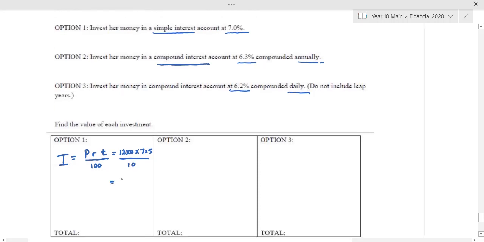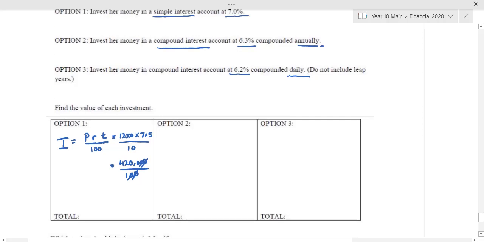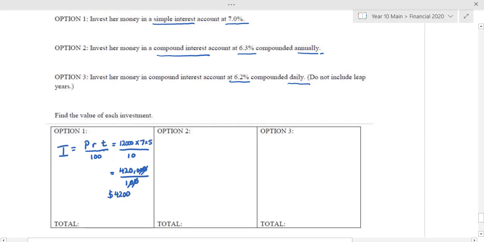I reckon I could do that without a calculator. 420,000 divided by 100. Let's cancel out those two zeros. So we've earned $4,200 in interest. Now, we started with $12,000, so of course that interest is how much we've earned, so we've got to add that to the principal to find out how much we have after that time.